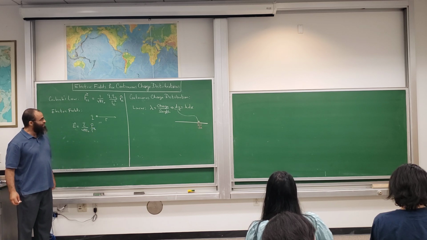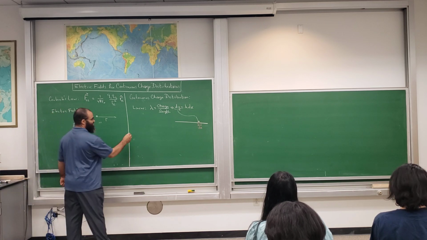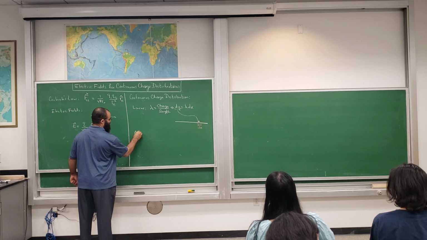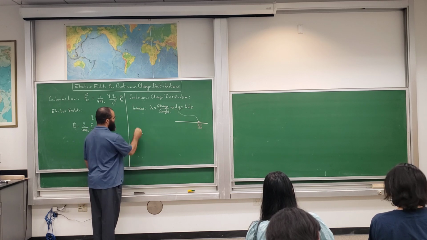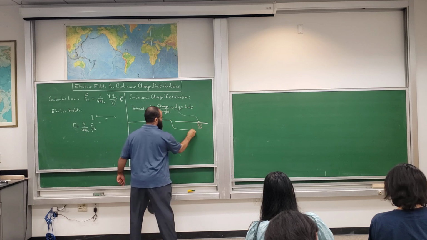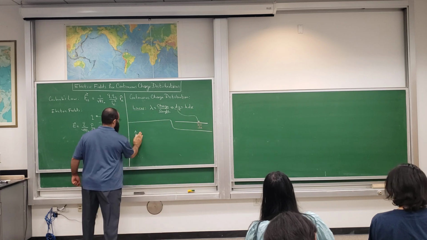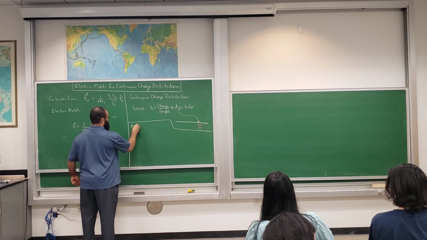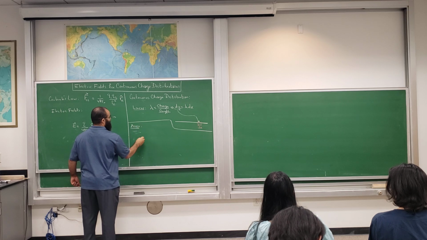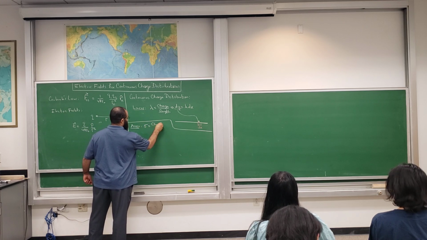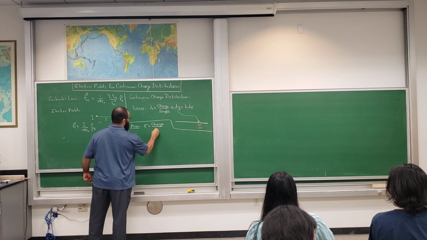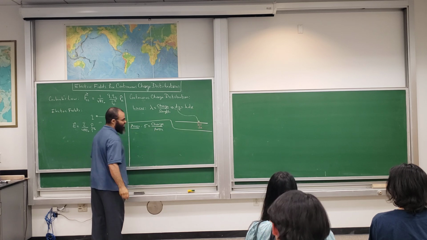Okay. The next is the area. Charge could be spread over an area. In that case, you have sigma, which is charge over area.